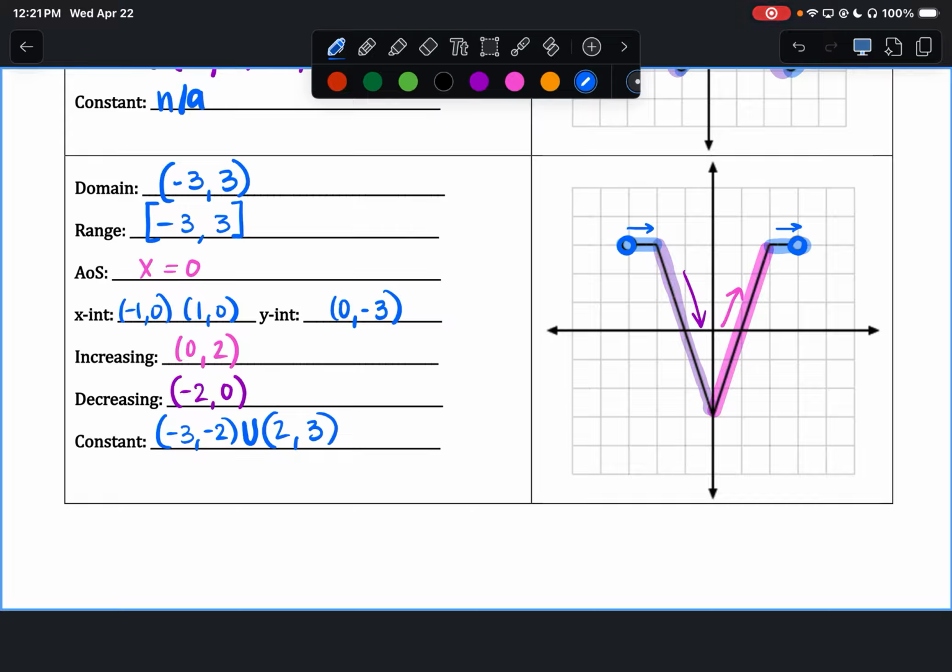I'm so sorry. Oh, I've been doing pictures a lot. Did you click pictures? No. Yeah, the X value right here is the 2. What?